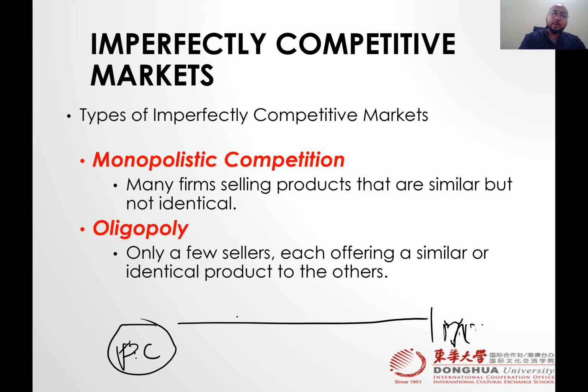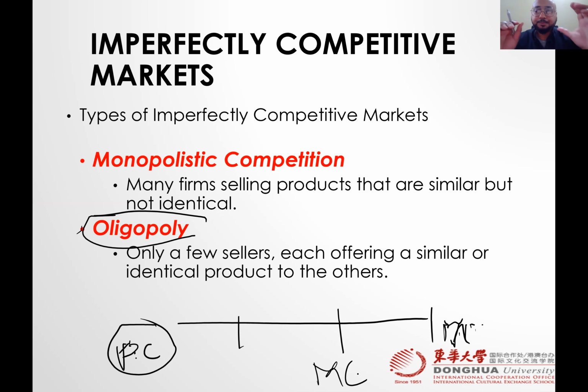So in between there are two markets. In the last lecture we talked about oligopoly, in which there are a few sellers, and today we'll talk about monopolistic competition, right? So the imperfect markets have some characteristics of monopoly and some characteristics of perfect competition.